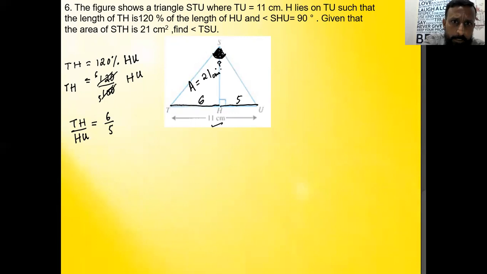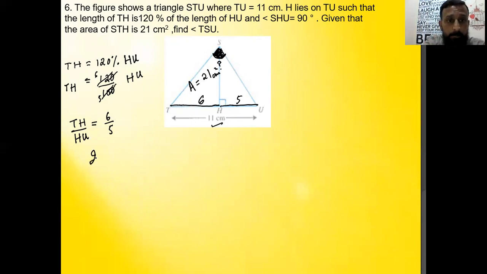Now listen to me, boys and girls. By using this area of this small triangle STH, what can we do? We can find out the vertical height of this triangle. So let's do it.